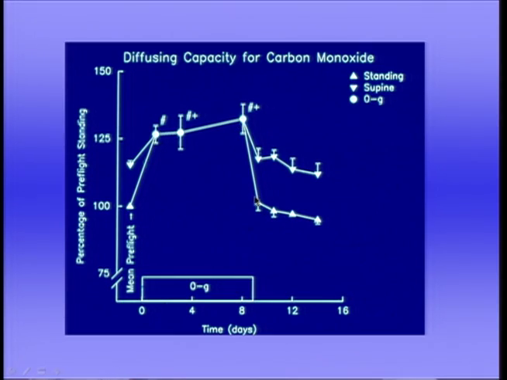And you can see that when the subject came back down to Earth again, there was an immediate return to essentially the normal values that was seen before. So this is an example of the change in diffusing capacity.